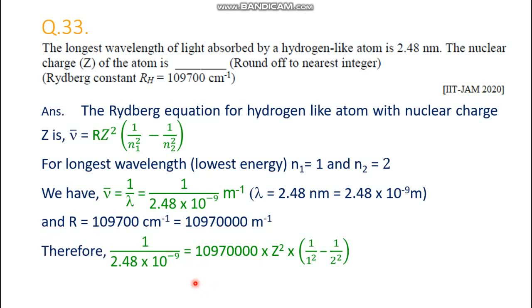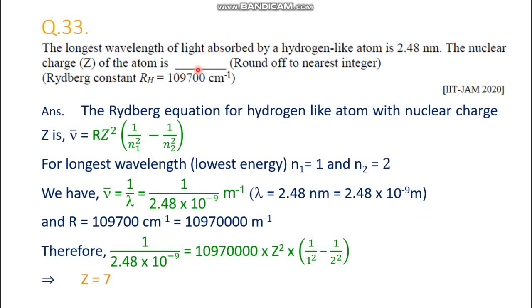Therefore, putting these values in this equation, in place of nu bar we put 1 by 2.48 into 10 to the minus 9, and in place of R we put this value in meter inverse unit. In place of Z squared, we have to find the value of Z. In place of n1 we have put 1, and in place of n2 we have put 2, and by solving this we have found the value of Z is 7.